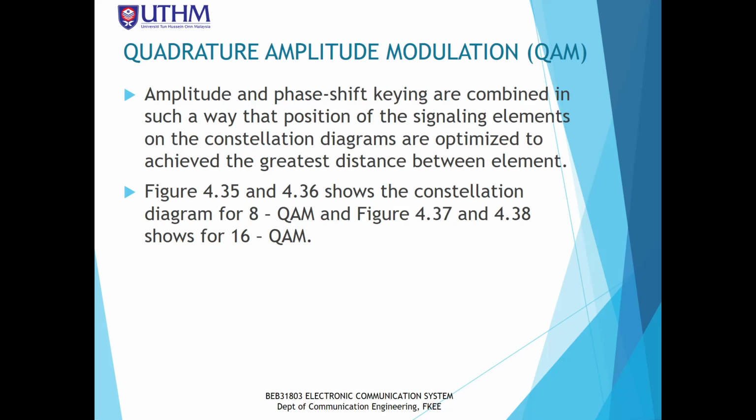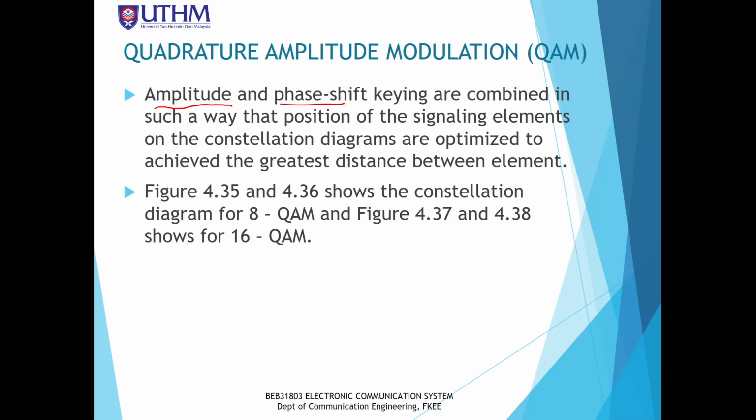QAM is a combination of ASK, amplitude shift keying, and also phase shift keying. It is a combination of ASK and PSK combined. That means there is going to be amplitude variation and also phase variation at the output.